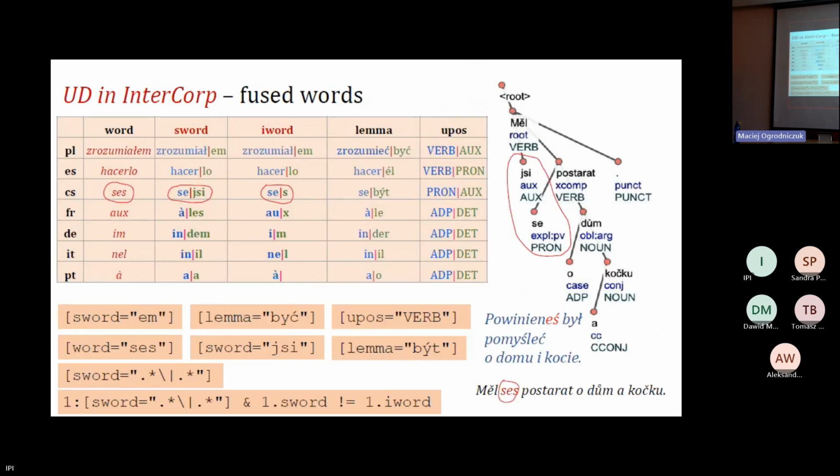It can be worse in other languages than Polish, because in Czech, what UDPipe gives you, if you have forms such as ses, which is the reflexive particle glued together with the auxiliary, you cannot use s just on its own.